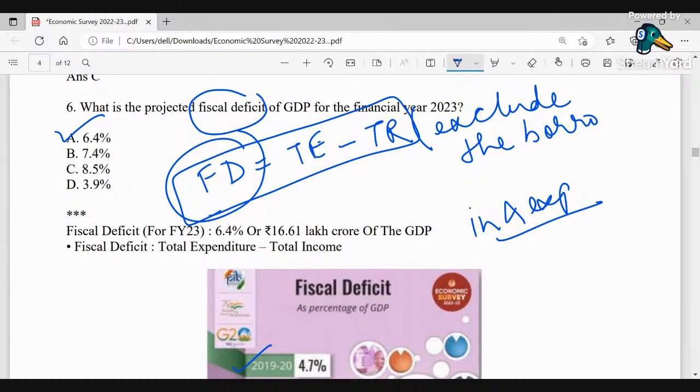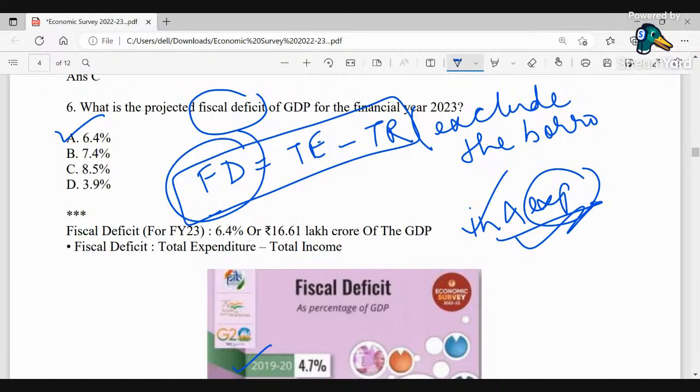One is basically tax revenue, that is GST, custom duties, corporate tax, and the other one is the non-tax revenue, which is basically coming in from dividends, profits, interest receipts, etc. So that was income. When I say expenditure, this includes capital expenditure, revenue expenditure, grants for capital assets creation, interest payments. So that was expenditure. So therefore, these are the two main components of fiscal deficits.